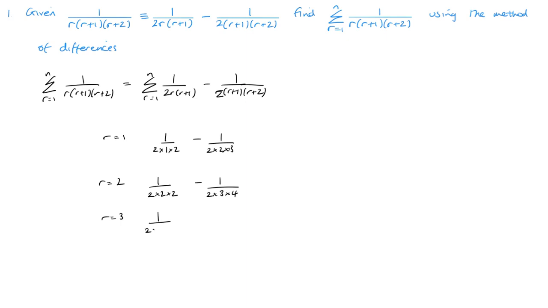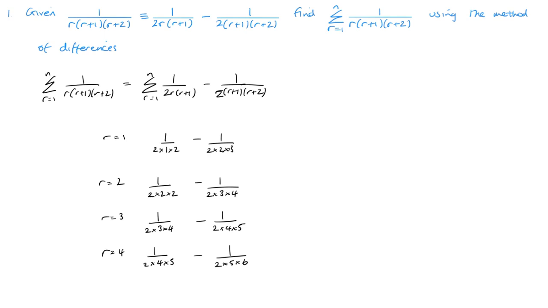So this is 1 over 2 times 3 times 4 minus 1 over 2 times 4 times 5. And I got to 4, 1 over 2 times 4 times 5 minus 1 over 2 times 5 times 6.